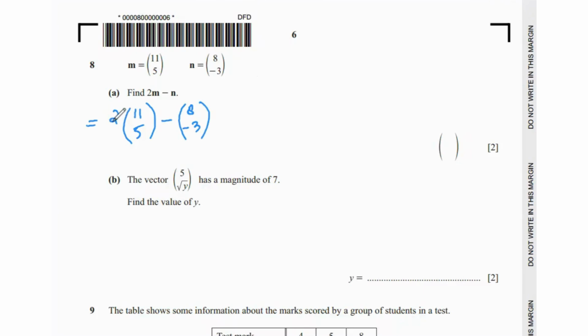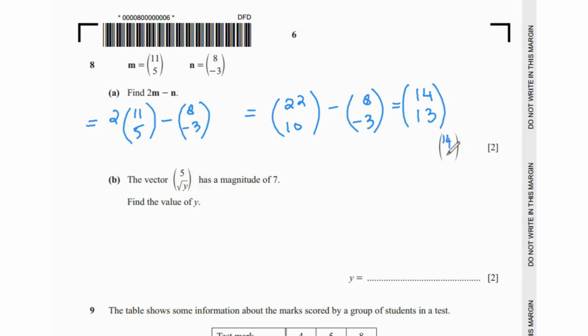So first, let's multiply 2 with 11 and 5, which is going to give us 22 and 10 over here, minus 8, negative 3. 22 minus 8 is going to be 14, and 10 minus negative 3 is going to be 13. So your vector is 14, 13. Simple as that. Times the 2 first and then subtract the result. You subtract x from x and y from y. You can't mix it up. Always row to row for each.